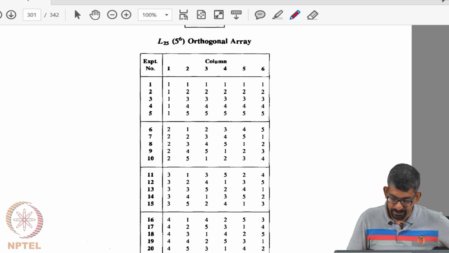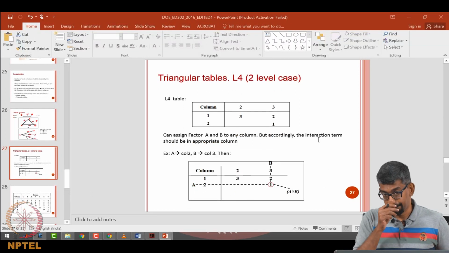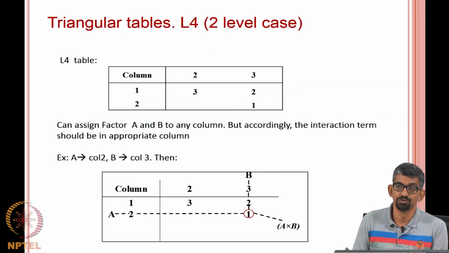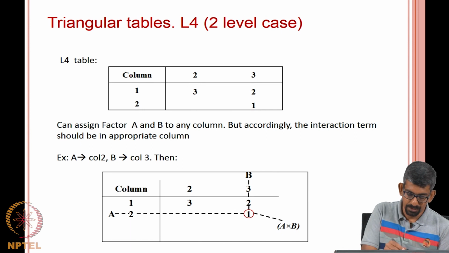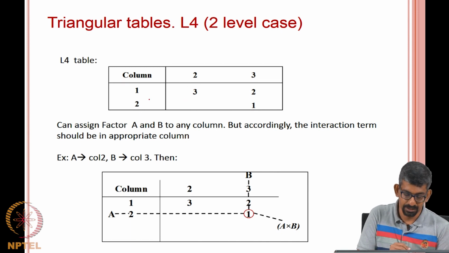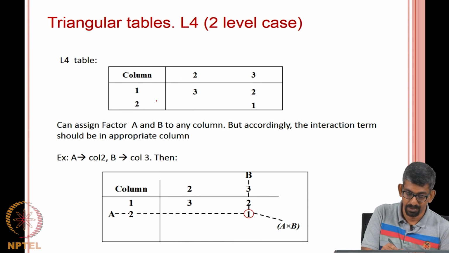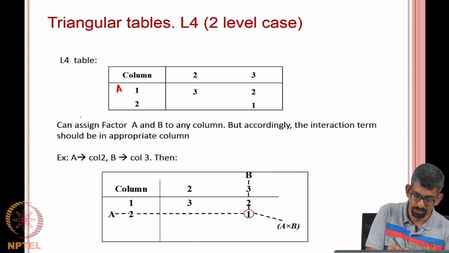On the other hand, there is also something called a triangular table, which provides similar information, but it is easier to use for a larger factor case. So, this is how a linear table looks, a triangular table looks like. So, what it says is, it gives you column numbers, okay, and now you assign factors on one of these columns.